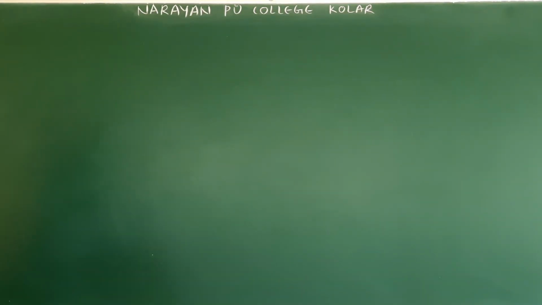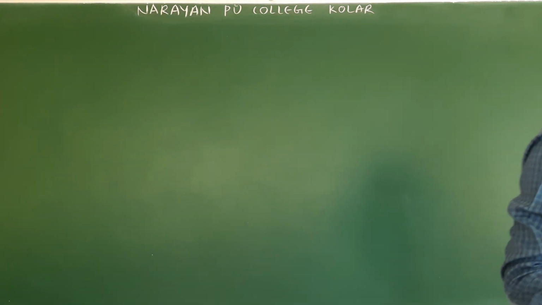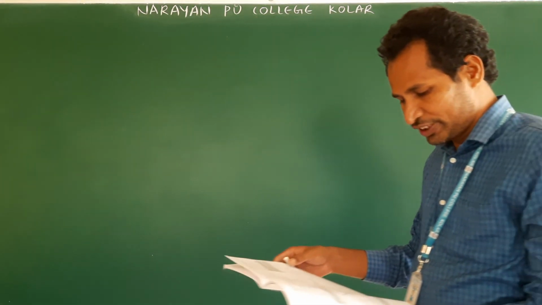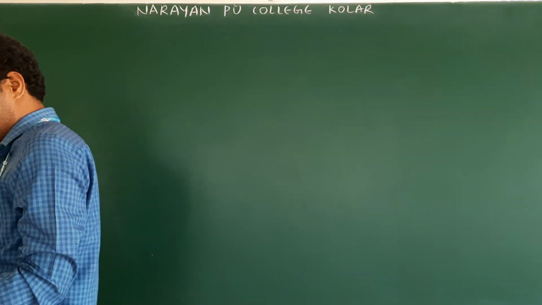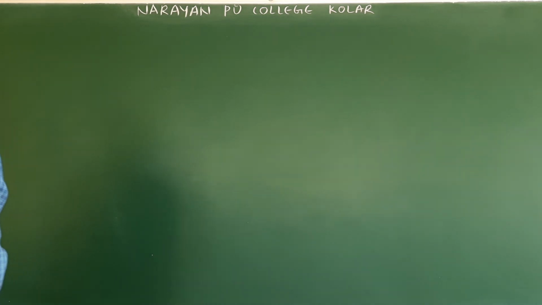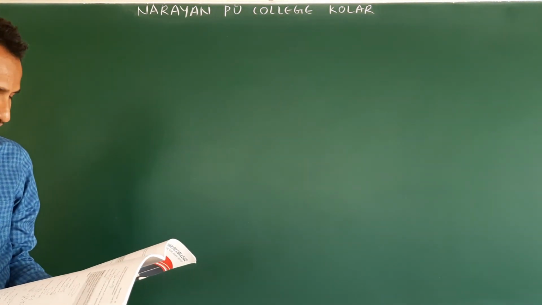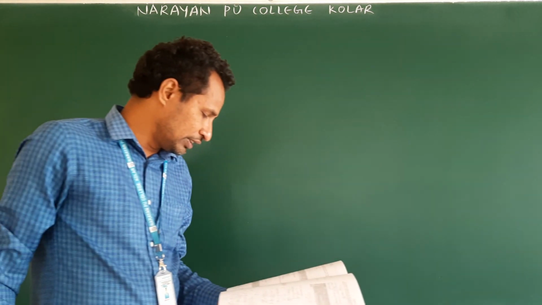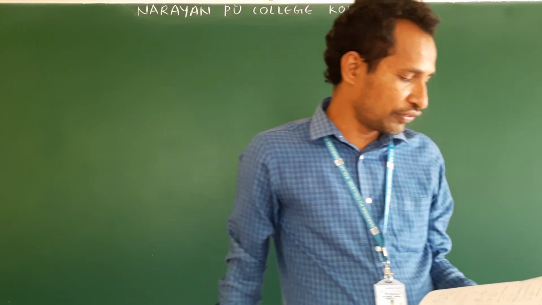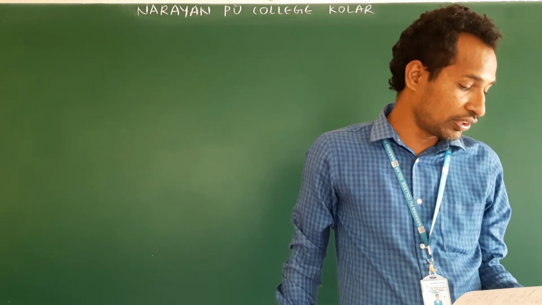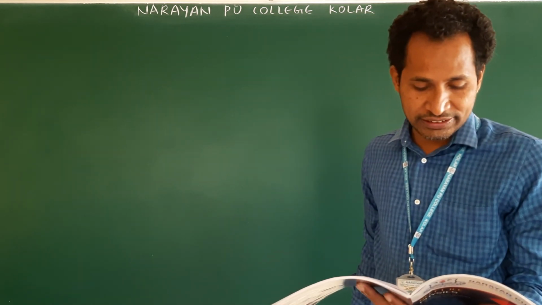Now, the next problem is the sixth one. A short magnet, M is equal to 5 into 10 power minus 2 ampere meter square, lying in a horizontal plane with the north pole pointing 37 degrees east of north. Find the net horizontal field at a point 0.1 meter away from the magnet. The horizontal component of Earth's magnetic field, BH, is given as 22 into 10 power minus 6 Tesla.